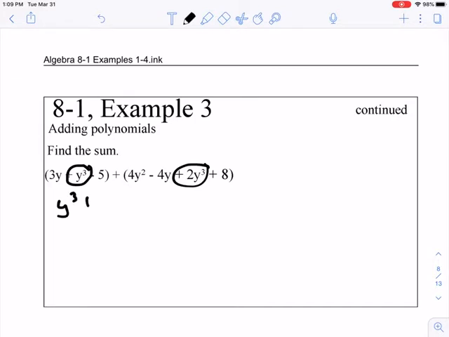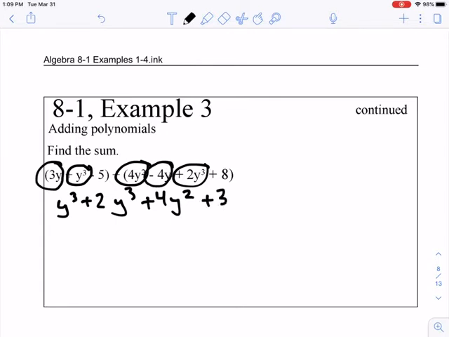So I have y cubed plus 2y cubed. Now I'm going to look at my y squared. Well, I only have one, so I'm going to write plus 4y squared. And then for my regular y terms, I've got 3y and negative 4y. So plus 3y minus 4y. And then negative 5 and plus 8.